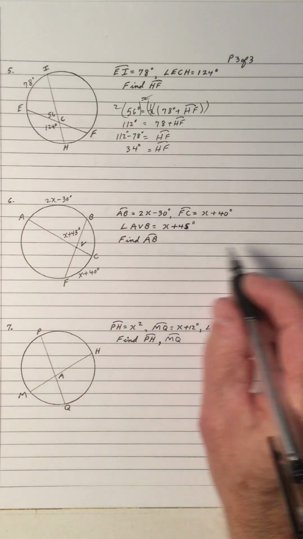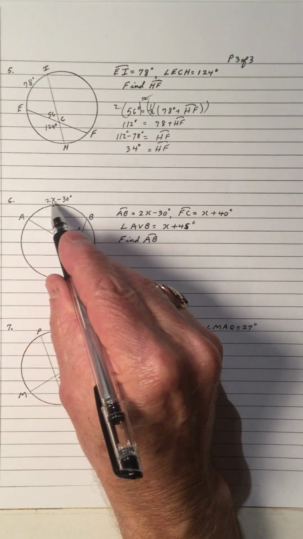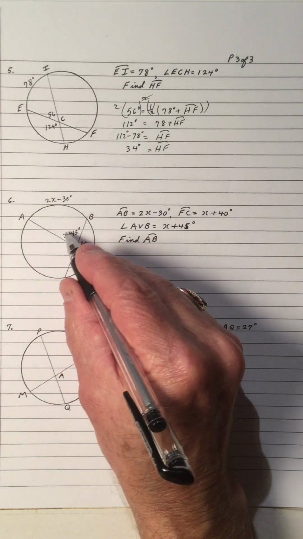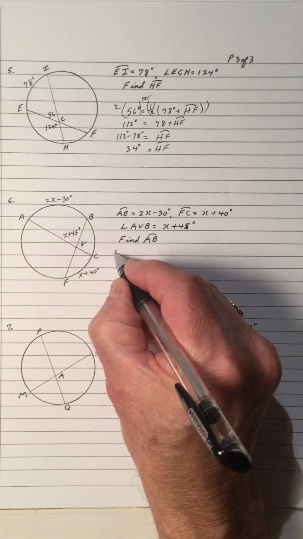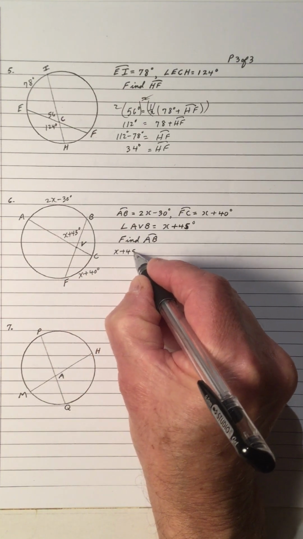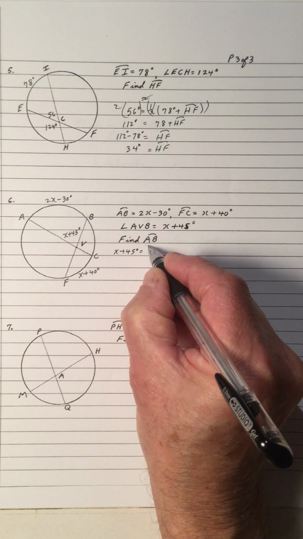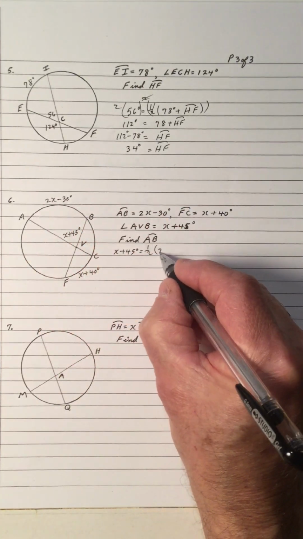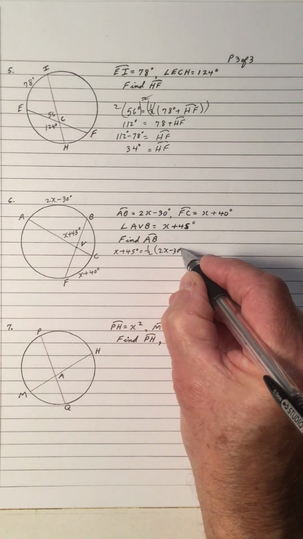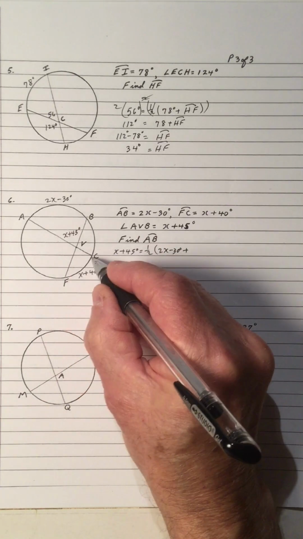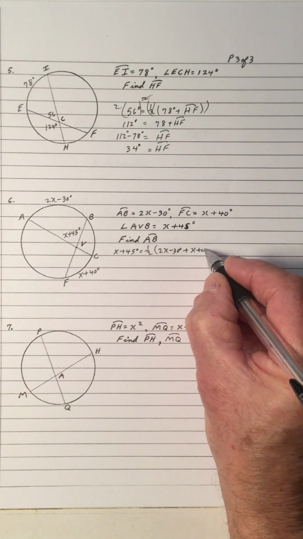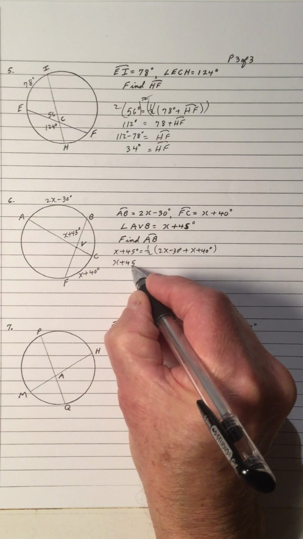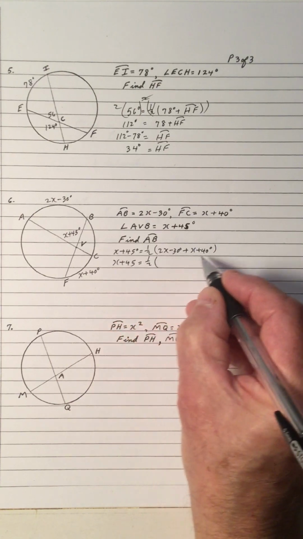We want to find the measure of the arc AB, which is 2x minus 30, so we've got to get x first. So the angle formed by the intersecting chords is x plus 45, and that's a half of arc AB, which is 2x minus 30, plus the arc FC, which is x plus 40.